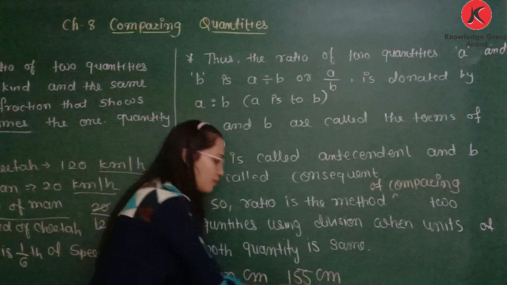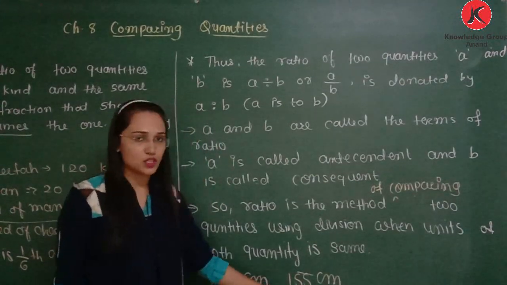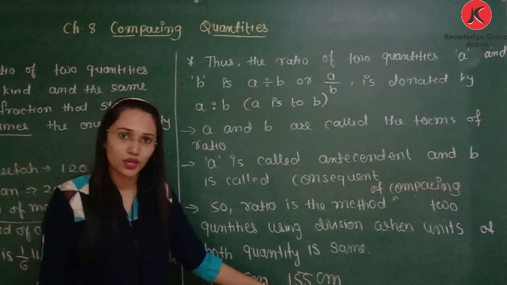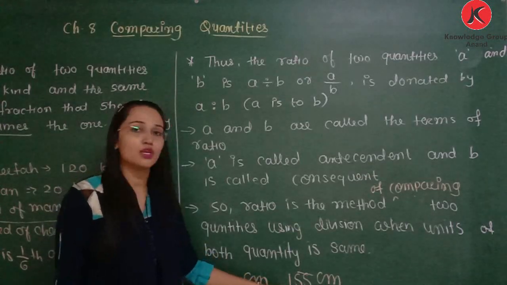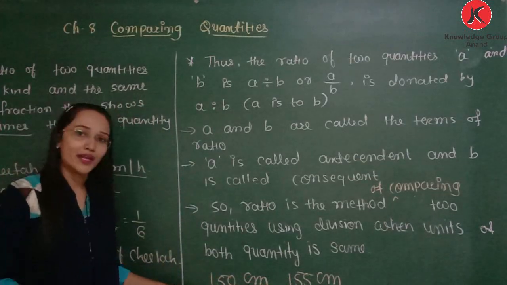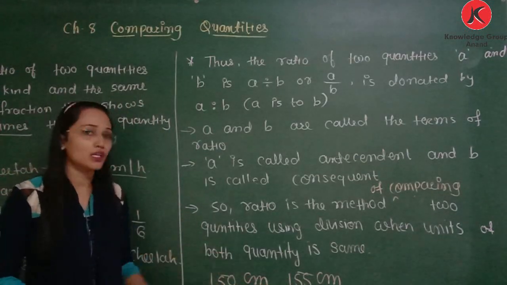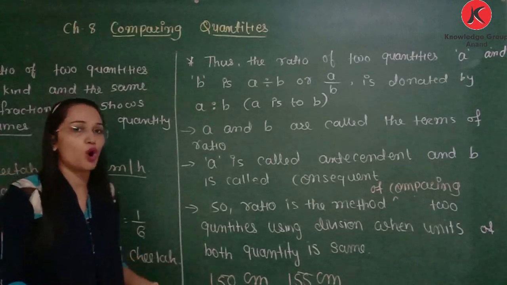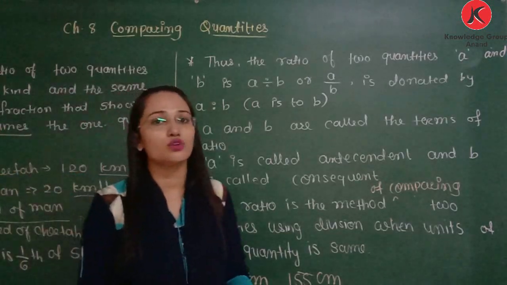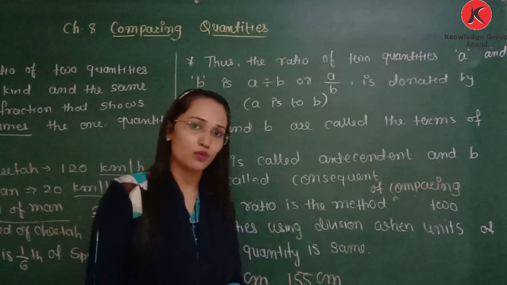From these two numbers we can say your brother's height is more than yours. How much more? It is 5 centimeters more. This way we can compare two quantities, which is more, which is less, how much more, how much less. That is called the methods of comparing quantities.